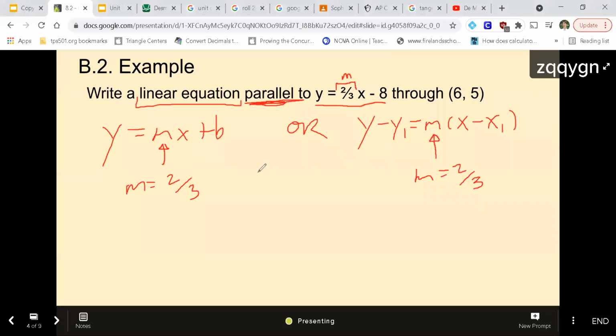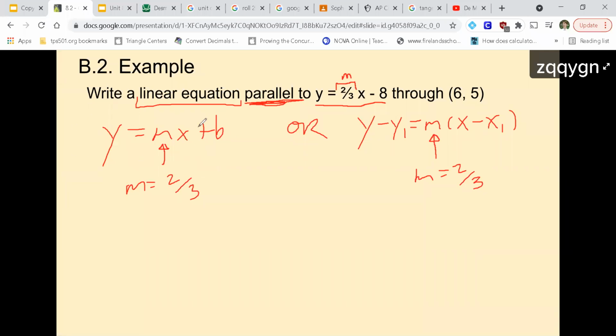The second step is where we differ. To use slope-intercept form, I need to know the value of y when x is 0. But I am not given x is 0, right? So to find b, I'm going to have to plug in 6 for x and 5 for y and solve for b. So if we do that, I replace y with 5 equals 2/3 times 6 plus b.